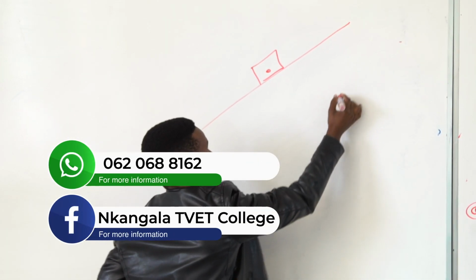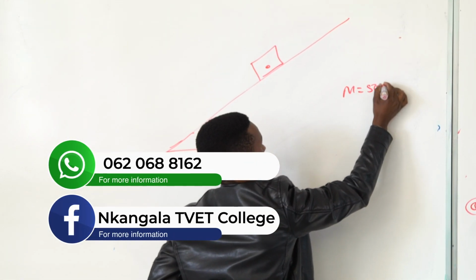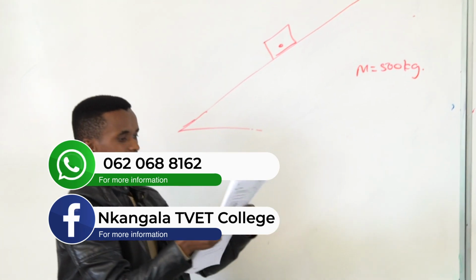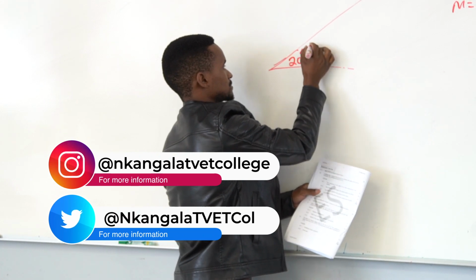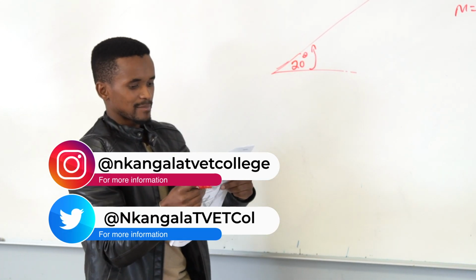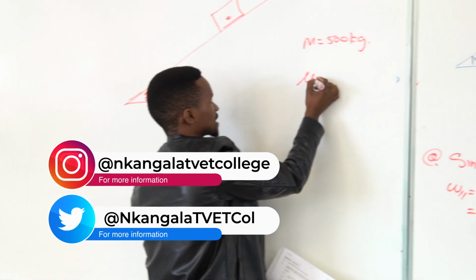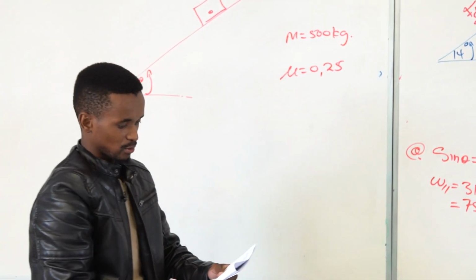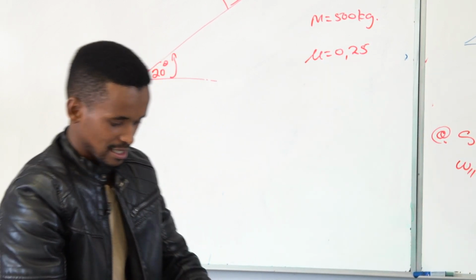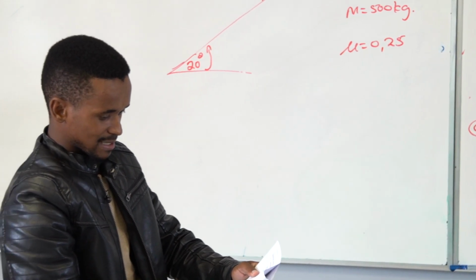And then what do we know? We know that the mass is 500 kg. They say the slope is 20 degrees. Now we are given the coefficient of friction, which is 0.25. This question is out of 12 marks.